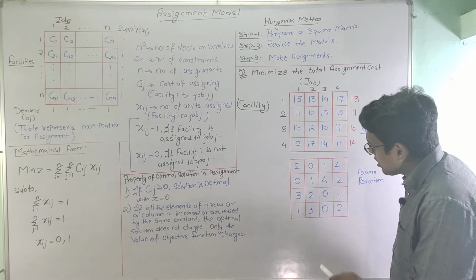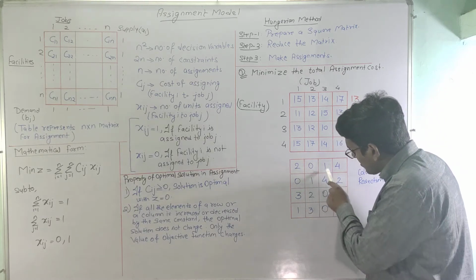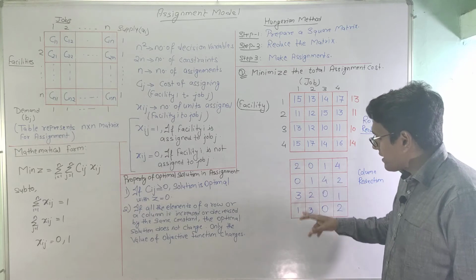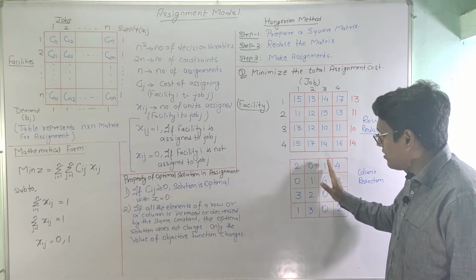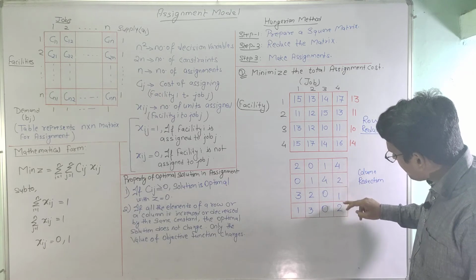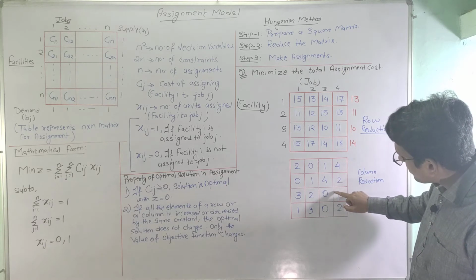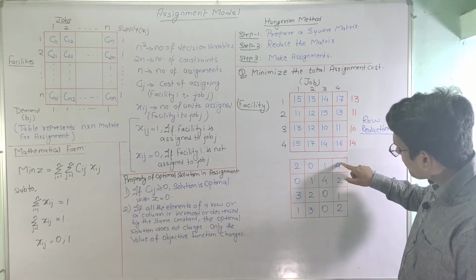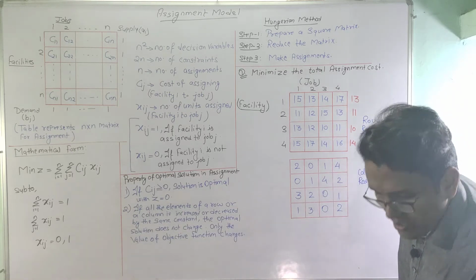In column 1, column 2, column 3, the minimum value is 0. So if 0 is subtracted from all these, the values are not going to change. In the fourth column, the minimum value is 1, and if we subtract 1 from each value, these are going to change.